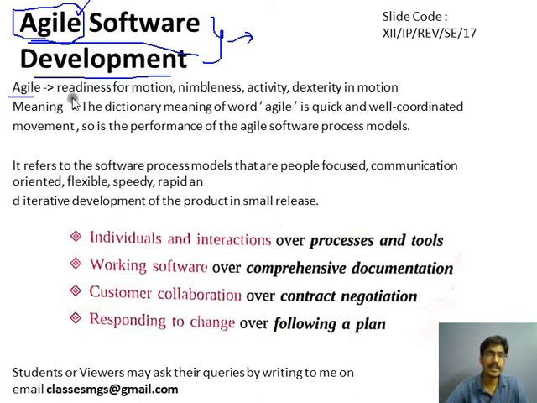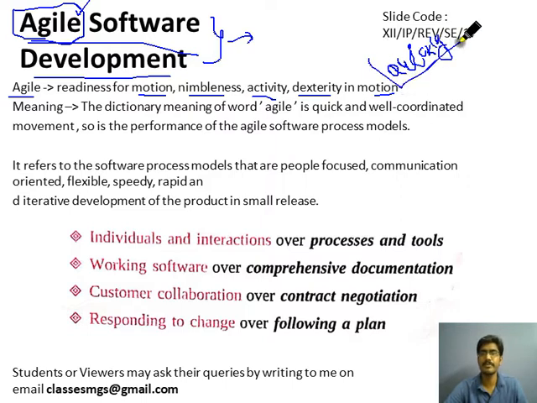Agile basically means quick, very quick, or readiness for motion, nimbleness, activity, dexterity in motion, meaning a very quick response. If I ask you a question and you answer it very quickly, this is known as agile. It is the English meaning of agile.